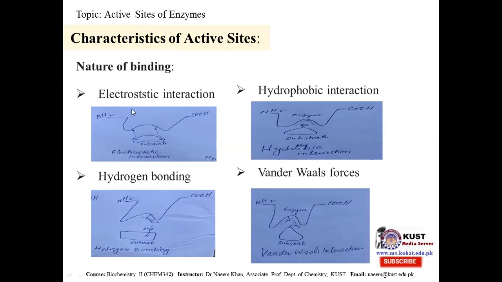So the bonding of the active site with the substrate may be electrostatic, due to different oppositely charged groups, or it may be because of hydrophobic interaction, where water loving groups come into play between the substrate and active site and bind them together.